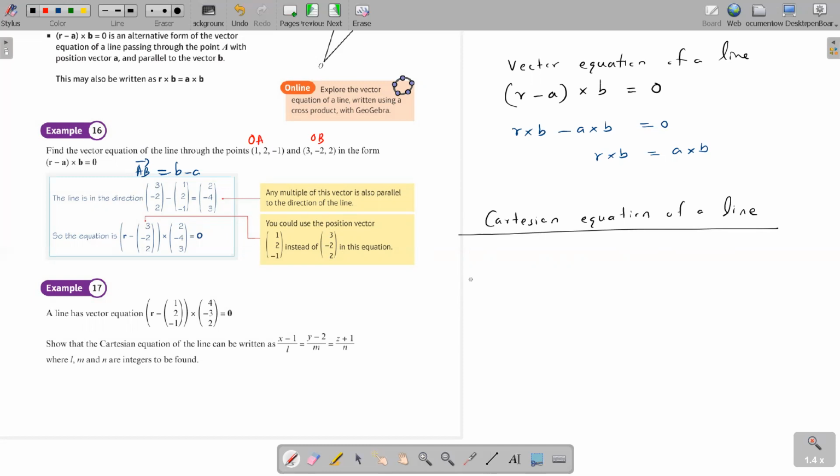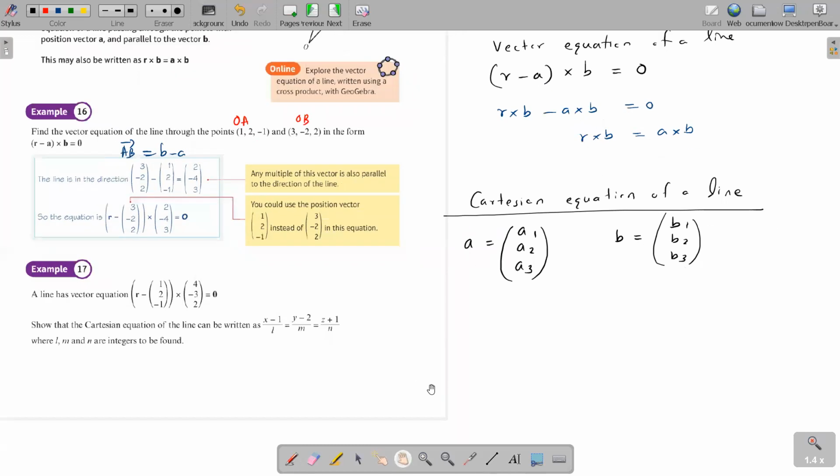Can y'all hear me, right? So let's say our position vector A is (a1, a2, a3), and our direction vector B is (b1, b2, b3). A is a position vector on your line, B is the direction vector on your line. So a Cartesian equation means what, children?